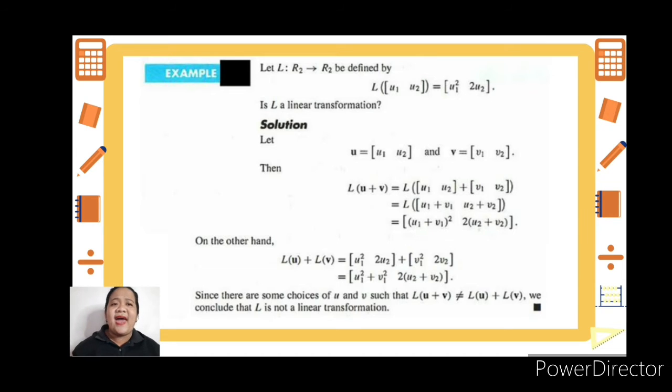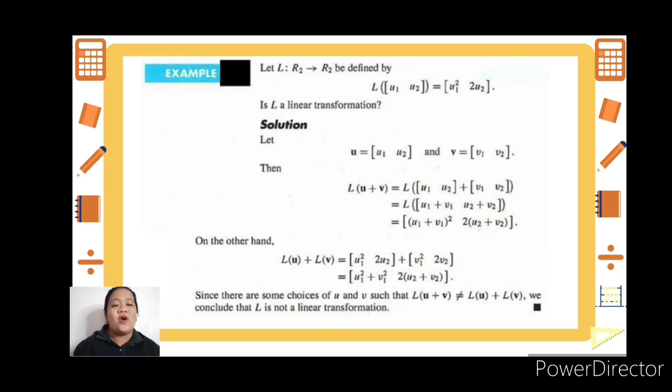Okay, now we have here another example. Let L, the linear transformation of R2 to R2, be defined by L of the matrix u sub 1, u sub 2 equal to u sub 1 squared and 2u sub 2. Sorry for that. So we will know if that example is a linear transformation.